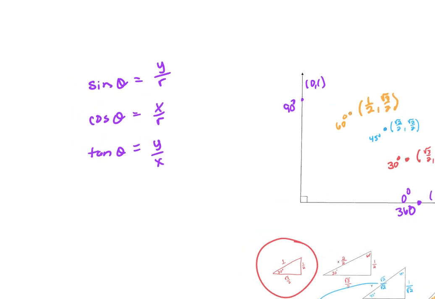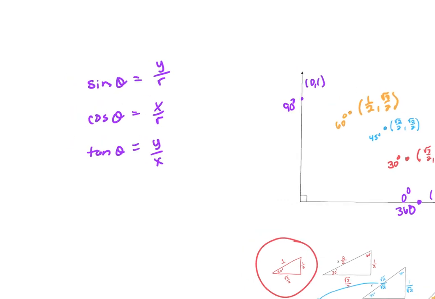Okay, so now let's think about this for a second. Those are the ratios that we need to know, right? But now let's think about the fact that we're talking about a unit circle. And given a unit circle, we know that r is equal to what? 1. So if r is equal to 1, then when we go back and look at that sine ratio, it's y over 1, or in other words, we just have to look at the y coordinate.